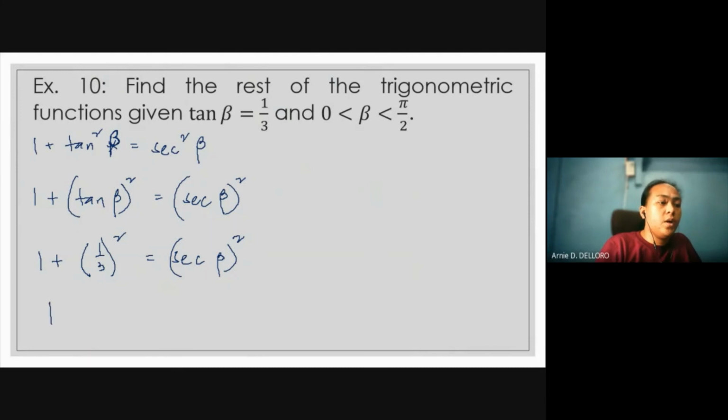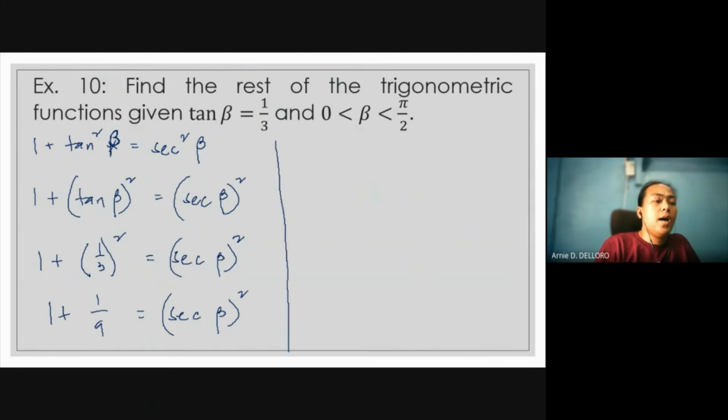So 1 plus the square of 1/3 is 1 over 9 equals secant squared. So adding 1 plus 1 over 9 will give us 10 over 9. 10 over 9 equals secant beta squared.